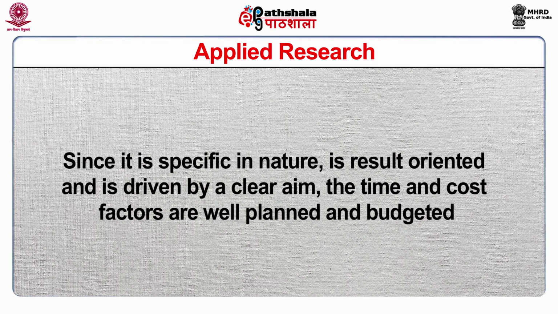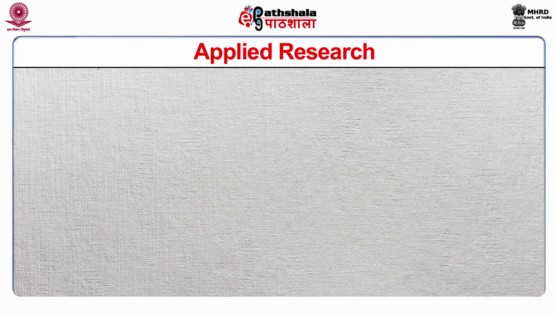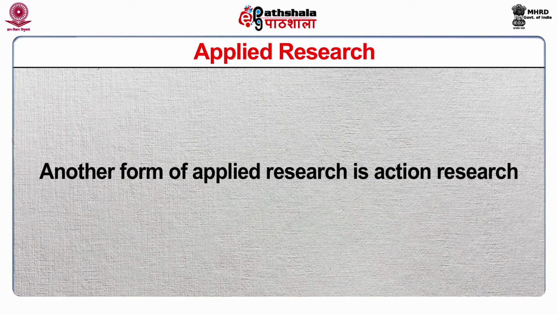Since this type of research is specific in nature, is result oriented, and is driven by a clear aim, the time and the cost factors are well planned and also well budgeted. Another form of applied research is action research.